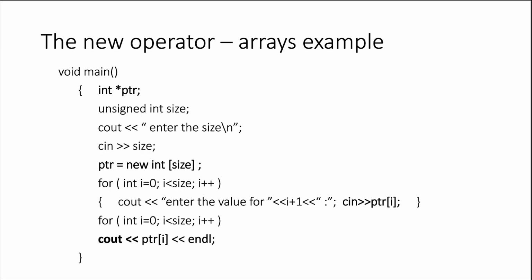Once the size is known, you will create the new int of that size, and then continue. Just look at the program. You're not doing anything, just taking the values and printing out the values.